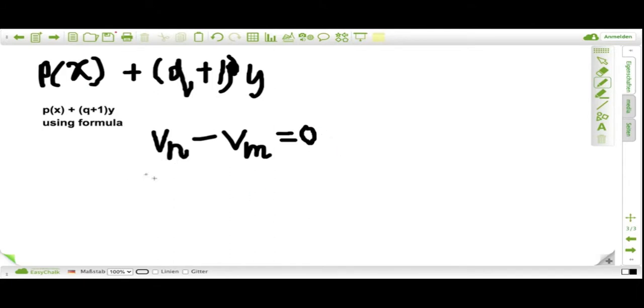That's equal to 0. You can't take it as n. Taking it as n would be incorrect.